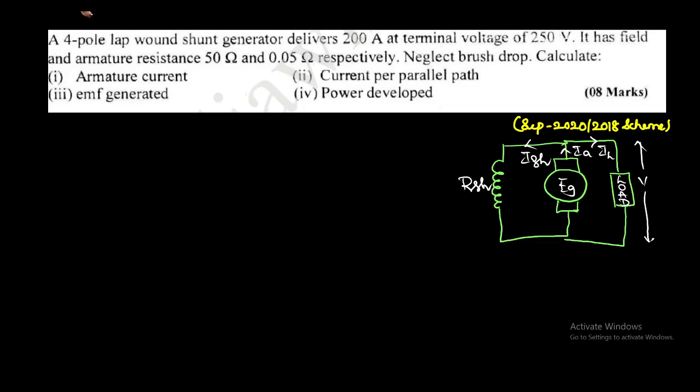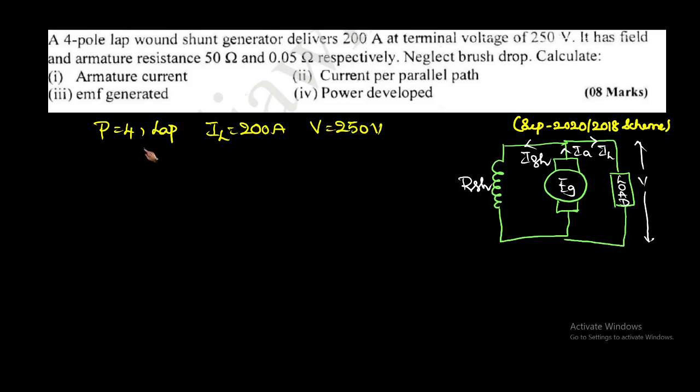A 4-pole lap wound. First, the number of poles is 4, and the lap wound DC shunt generator delivers 200 amperes. Delivers 200 amperes means IL is 200 amperes. Next, the terminal voltage is given as 250 volts.